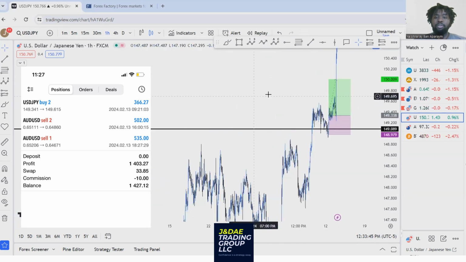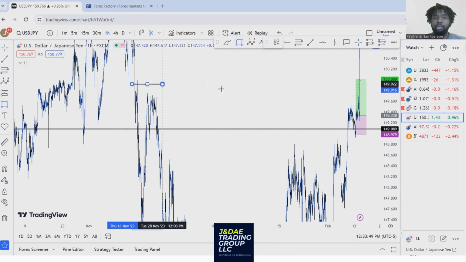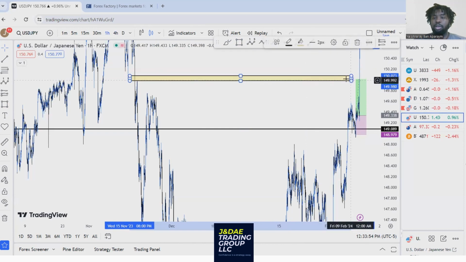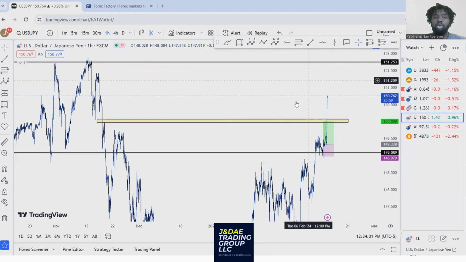Now I only traded a little bit higher because I was aiming for this area of rejection here, and I just wanted to be in and out of the market. I didn't want to hold it longer, but as we see during CPI, the market completely destroyed that level and it's going long.